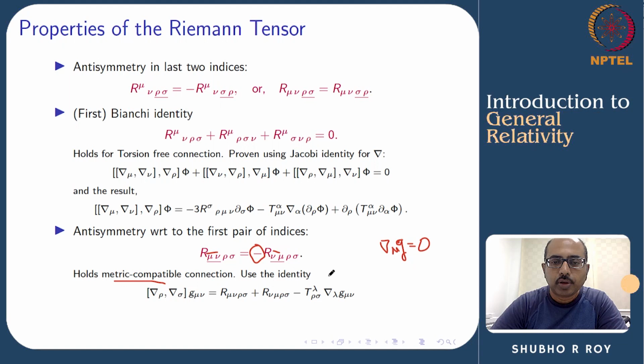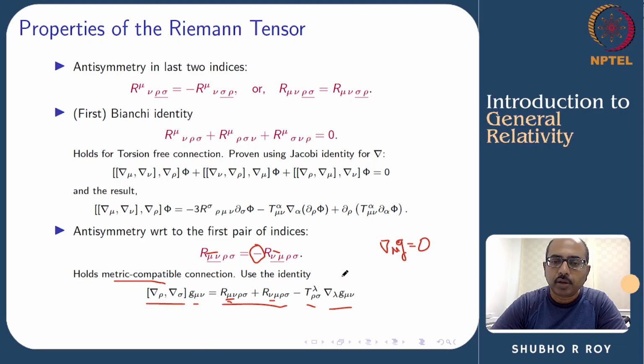How do you show this? Well, you need to use the identity that if I take the commutator bracket of the covariant derivatives acting on G, you can evaluate this using the rules of covariant differentiation, which I've covered in the past week. Then you get a combination of the Riemann tensor with the first two indices swapped, but the last two indices remain as they are, plus a term proportional to the torsion tensor times the covariant derivative of the metric.